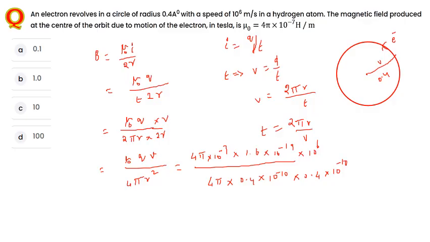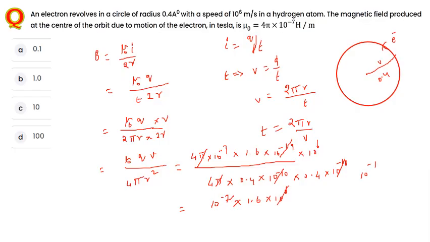From this you just cancel: this is 19, and this is 20 here. Now what you are going to have is 10 power minus 1 pending, and 4 pi will be cancelled over here. The remaining terms: 10 power minus 7 into 1.6 into 10 power 6.